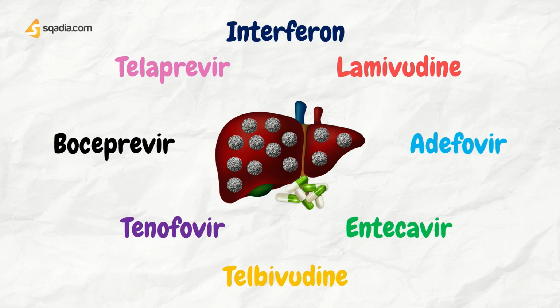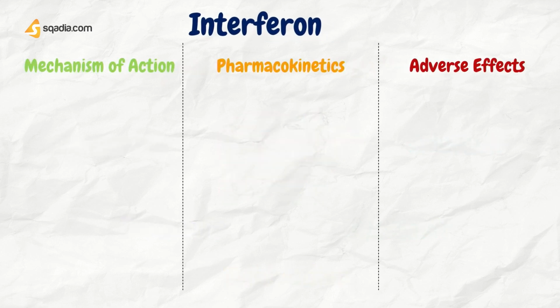Well, first talking about interferons. Interferons are a family of naturally occurring inducible glycoproteins that interfere with the ability of viruses to infect cells. And interferons are of 3 types: alpha, beta, and gamma, and all of these types are going to be used specifically in certain kinds of hepatitis.